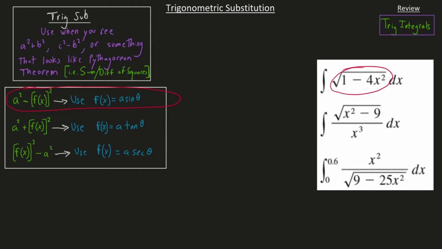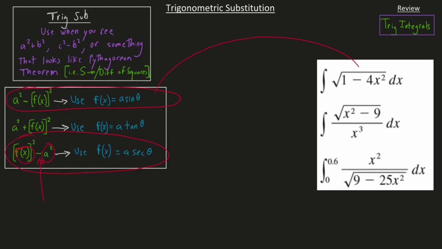So I'm going to use this entry to take on this problem. And I'm not going to use this one because I have a plus sign here. Well, this is a minus sign, so we're not going to use that second entry. And we're not going to use this third entry because what it says is we have something with x in it squared and then the minus sign and then the number squared.